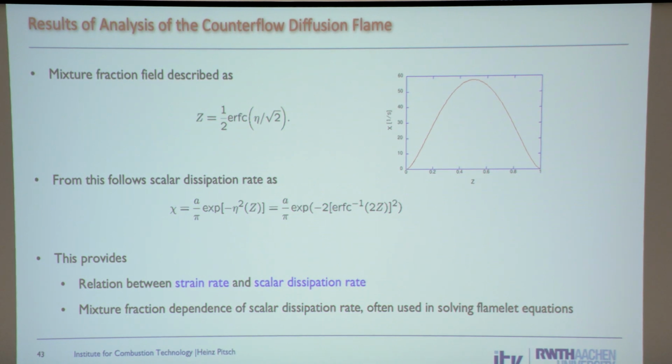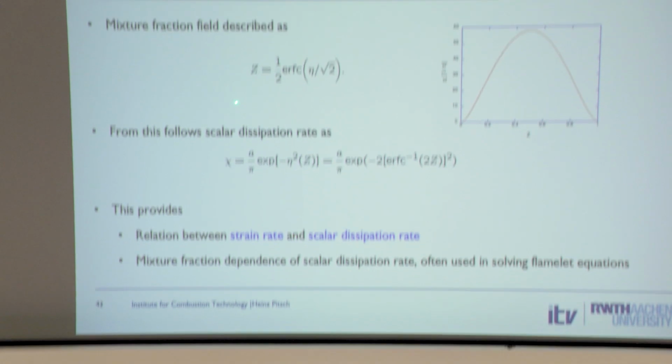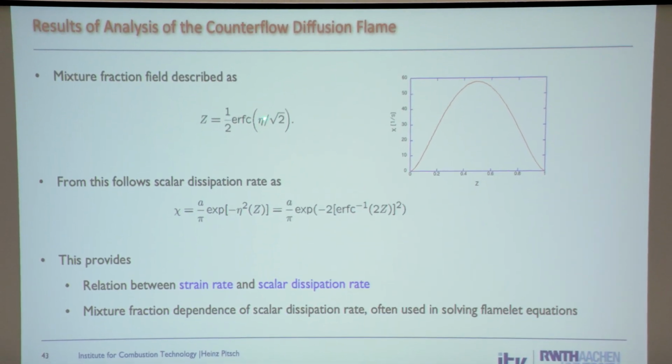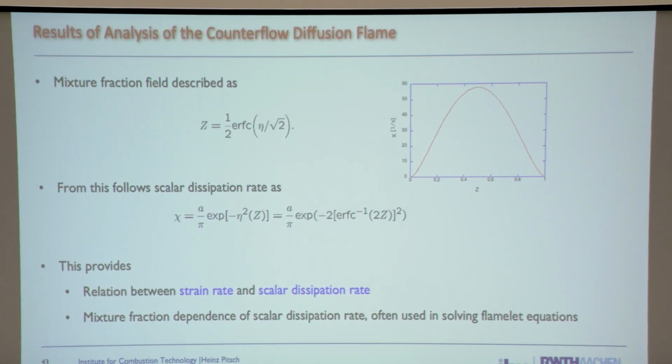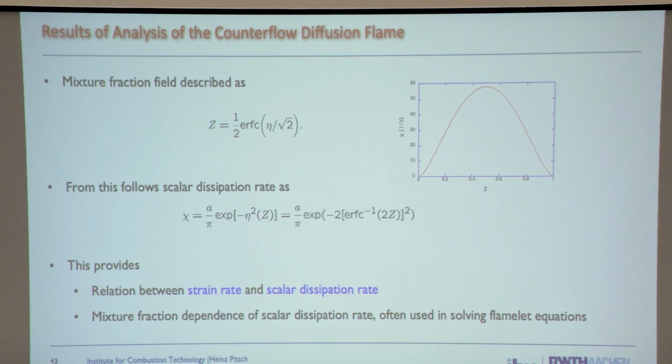So in this counterflow diffusion flame, it gives you mixture fraction as a function of the distance from one of the nozzles. And because the dissipation rate is dZ/dy squared, I can also write it as dZ/dη squared. Eta is just a spatial coordinate here.